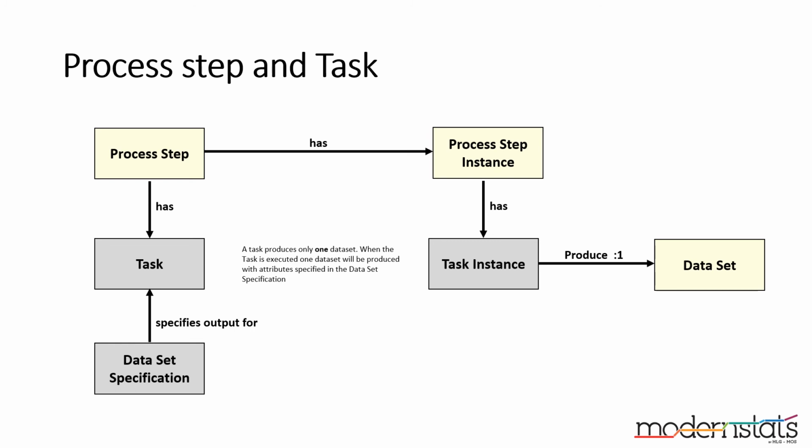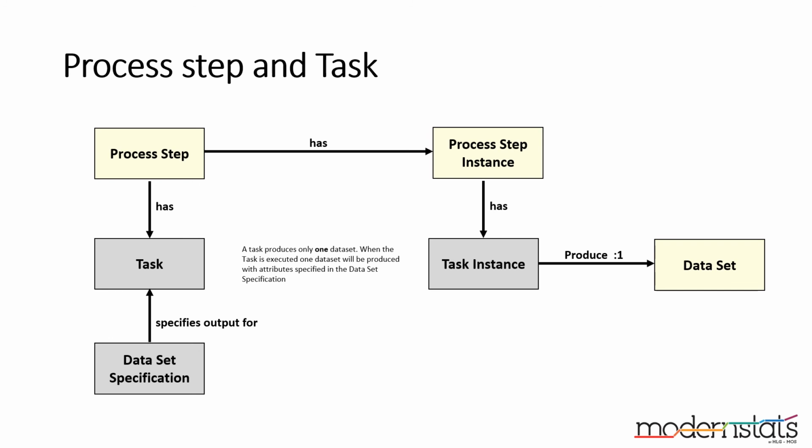Here is another small takeaway, a finding that we made when we were working in the national accounts: we have the need to break down process step into a smaller unit. And we did it, and we ended up with a new object called task and a task instance. They take the same parameter input as a process step, but a task only produces one dataset.